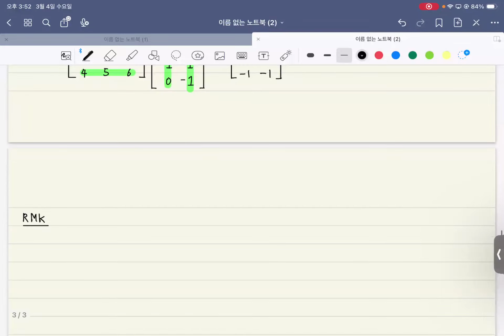So our convention: an n by 1 matrix is an n-dimensional vector.